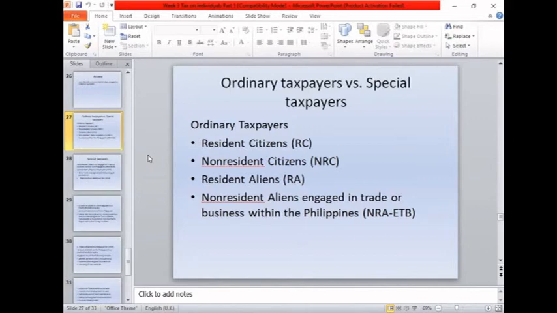So why are they ordinary taxpayers? Because those ordinary taxpayers are subject to normal tax and final tax. We are going to discuss that in the second part next meeting. What is the normal tax and the final tax? So these are the ordinary taxpayers.